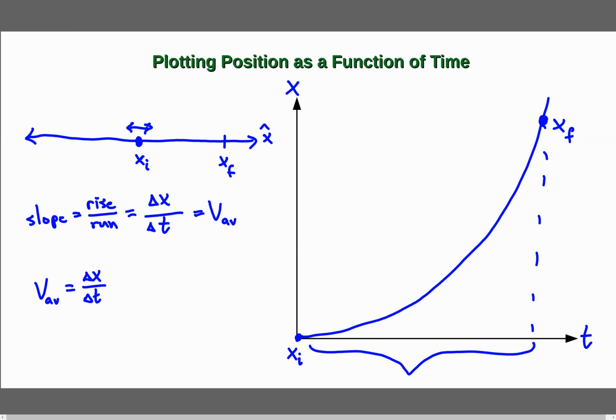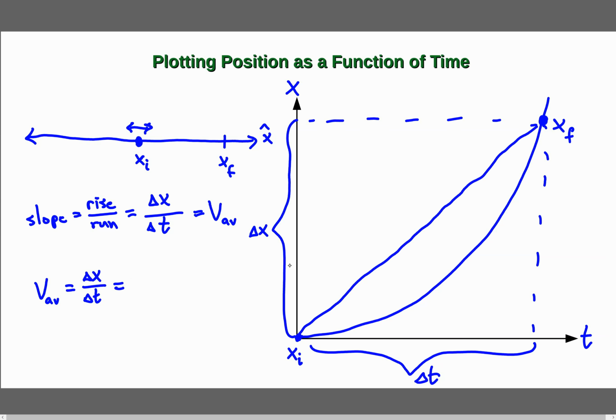Okay, we know this is delta t. And this is delta x. So we'll have some distance over the time, and we just looked at it and saw that that's the slope of a line from xi through xf. So average velocity is always going to be the slope of a line like this.